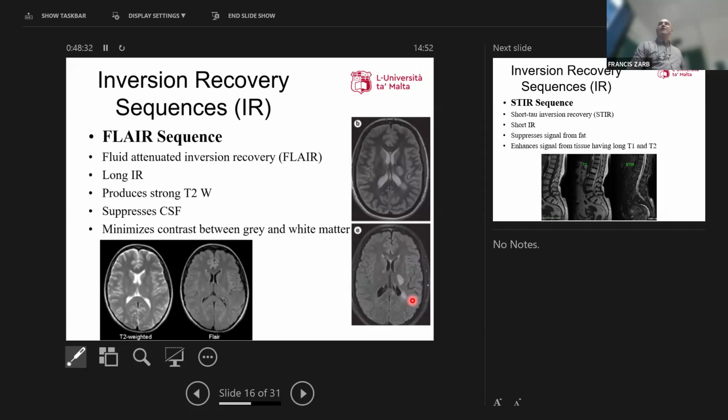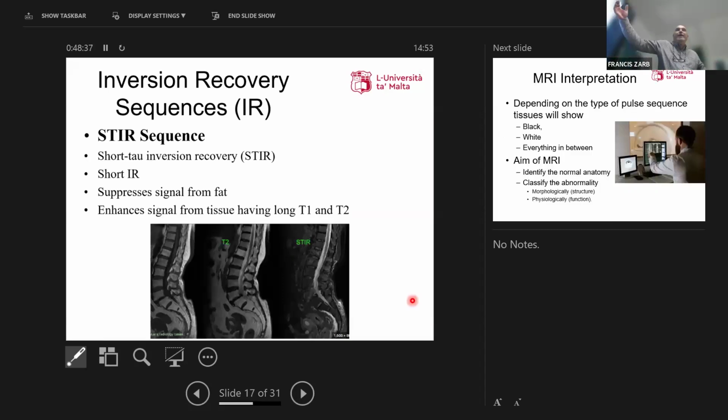Meta qed immorru issa bl-istess argument, għandna another sequence which distinguishes between normal fat and abnormal fat. U dik hija l-STIR sequence, short tau inversion recovery.